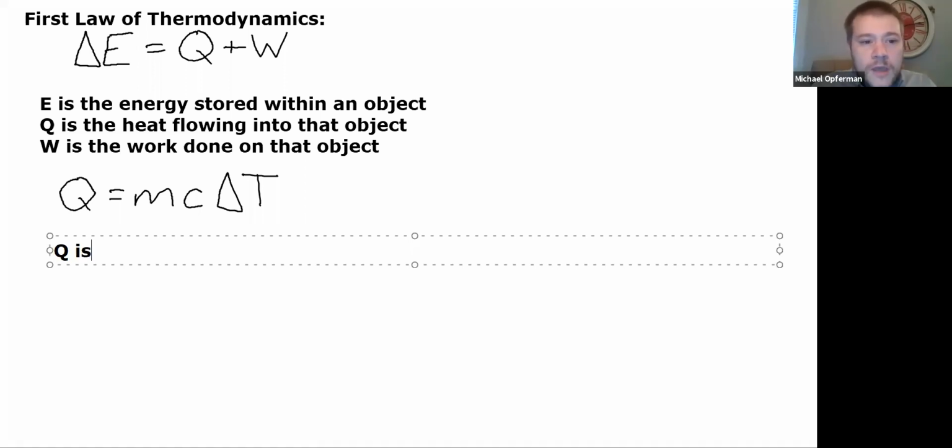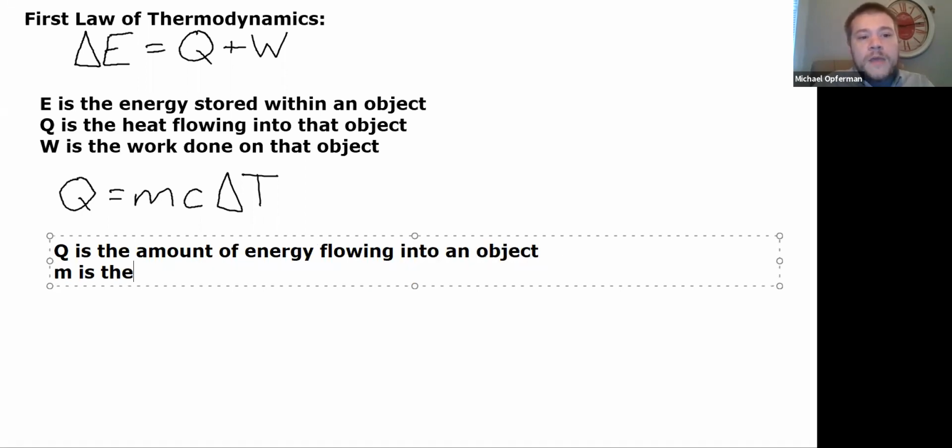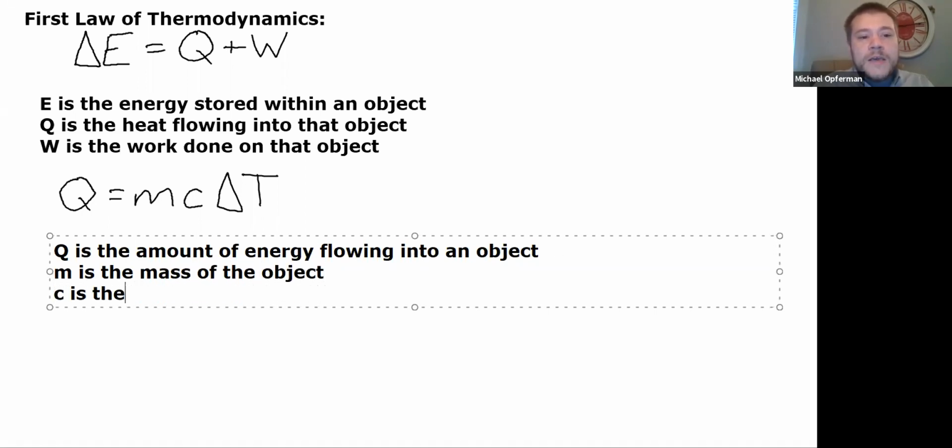Q is the amount of energy flowing into an object. M is the mass of the object. C is the object's specific heat. So now, what is specific heat? Specific heat is a property of what the material is made of.